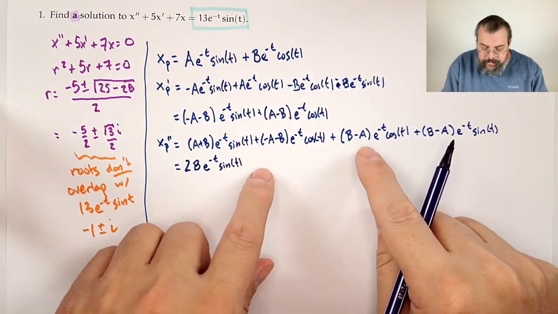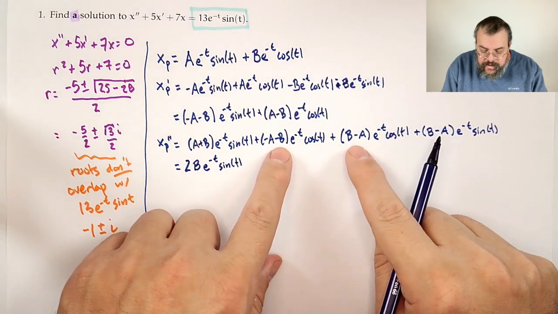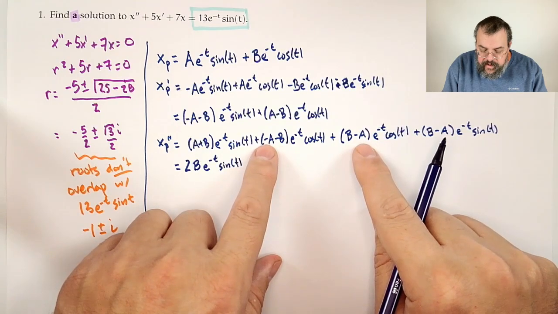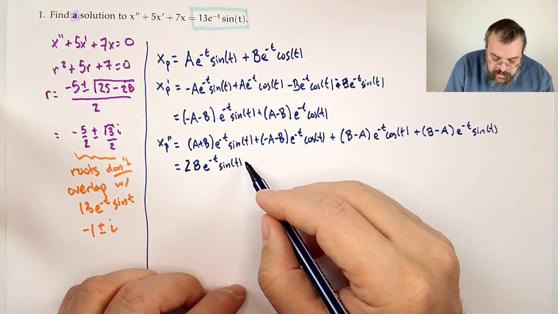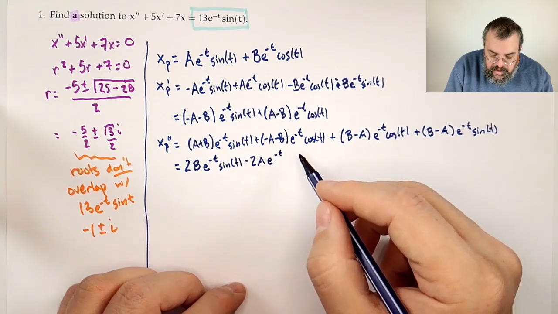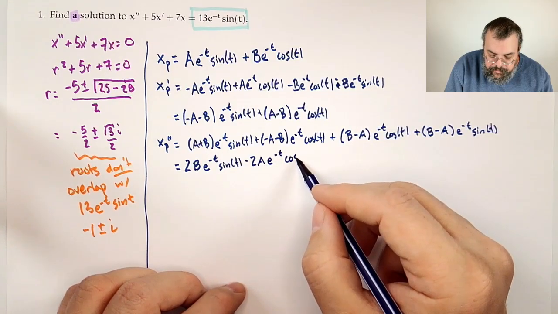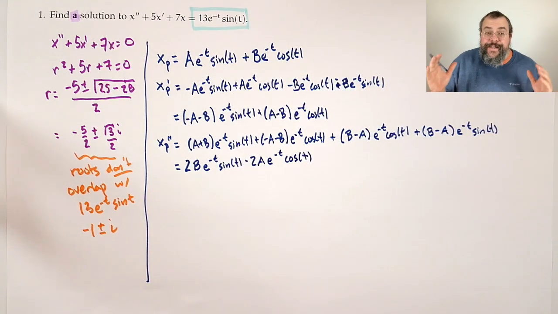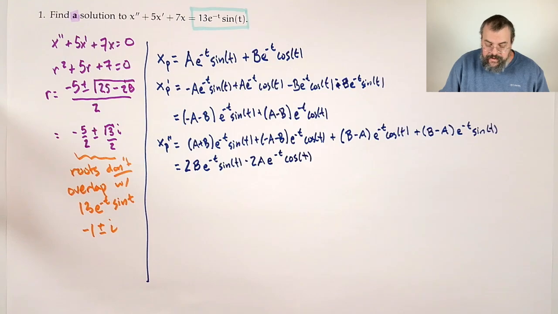All right, how about here? Here, the minus b plus b cancel, so it's minus 2a, and that's e to the minus t cosine of t. All right, great. So that's what we have for our second derivative.